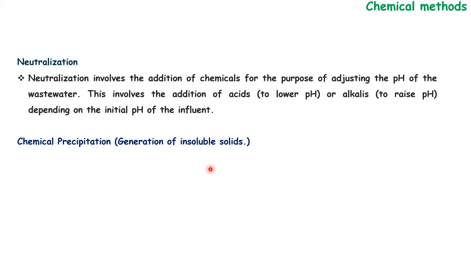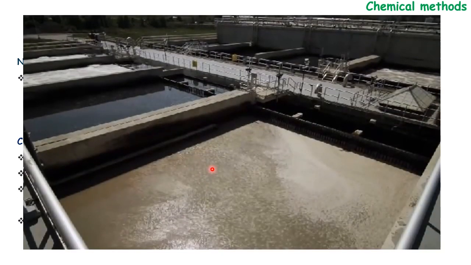Hence we follow chemical precipitation. Here we use different chemicals that will bind with all the toxic chemical substances and form a precipitate. With the help of sedimentation or filtration techniques, that precipitate will be removed.